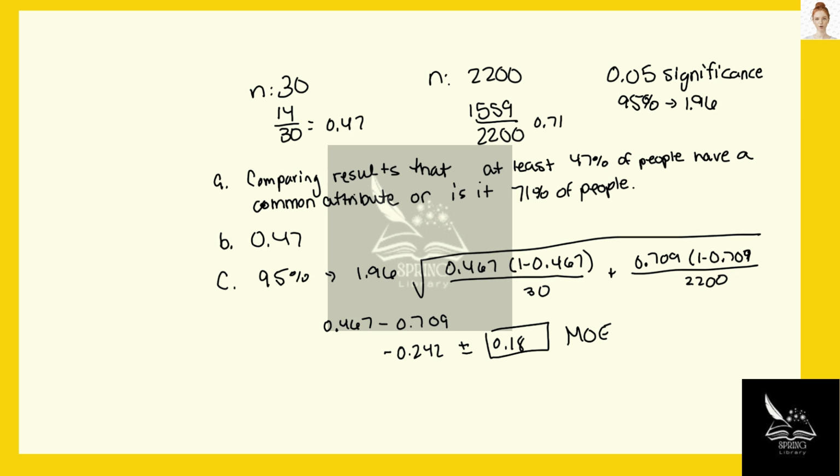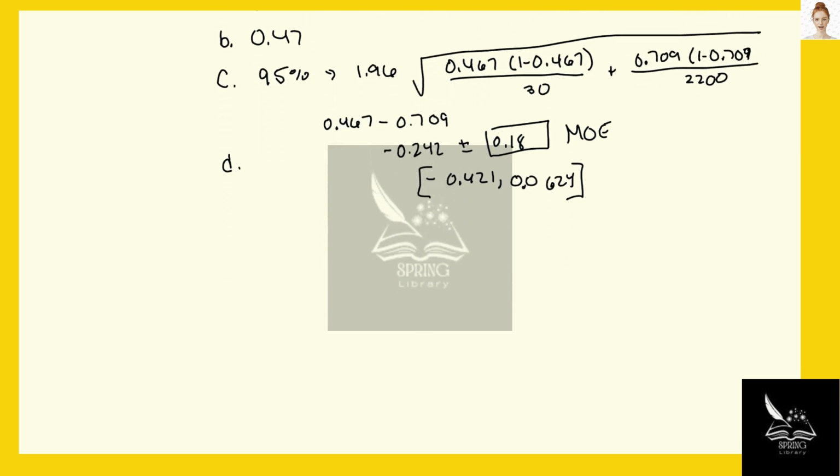And when I compute it, the 95% confidence interval is going to be between negative 0.421, comma, 0.0624.